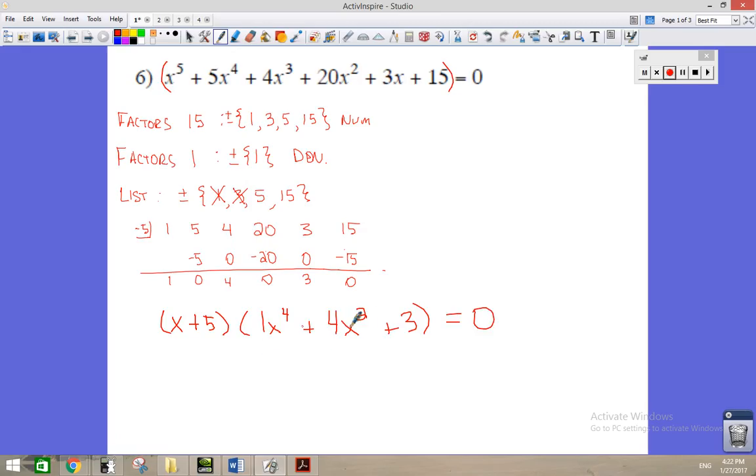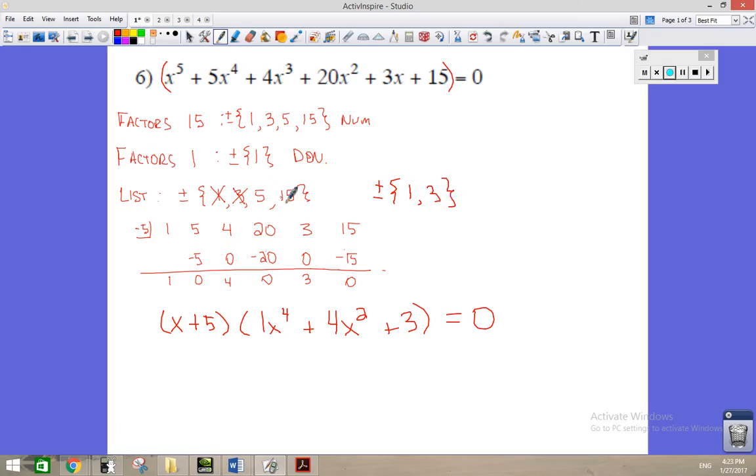Now, I know that most of you know how to factor this, and that's what I would normally do, but I'm just going to return to this list and show you. What does the list tell me? Well, 1 and 3.